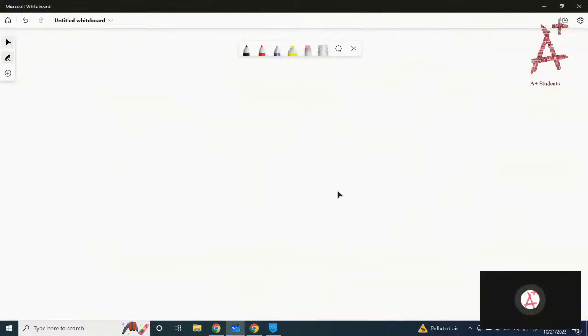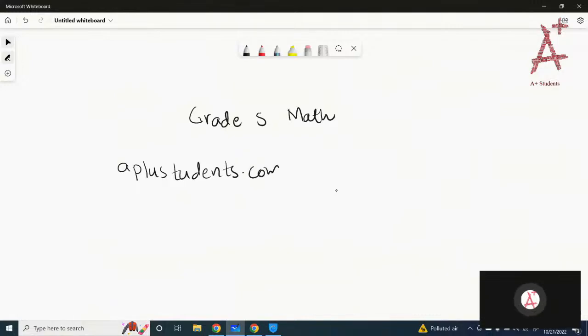So, we are going to start with grade 5 maths. You can find all the lessons on aplusstudents.com. You have to log in there using your email address and password as provided by the administrator.